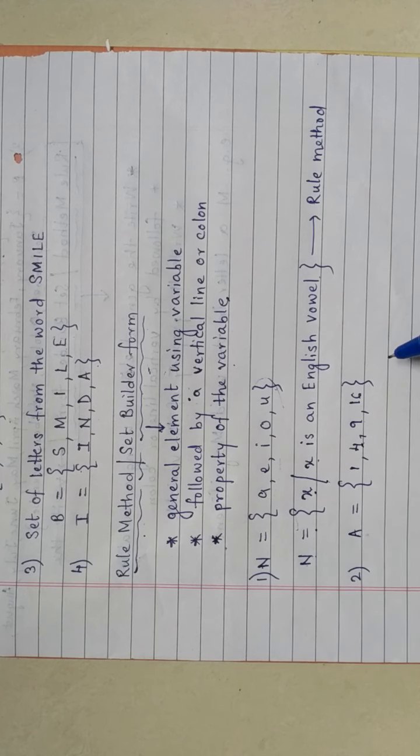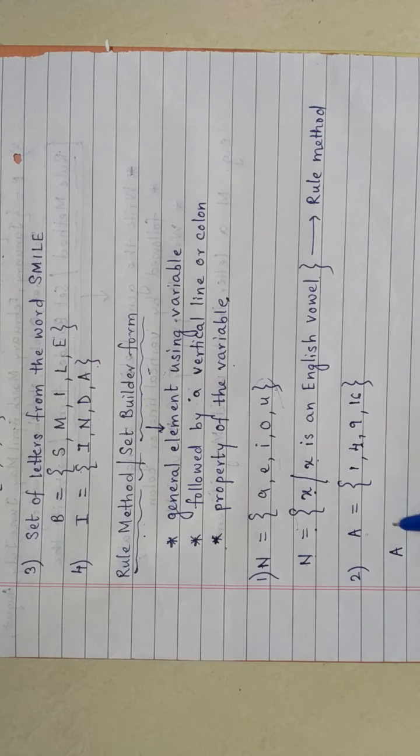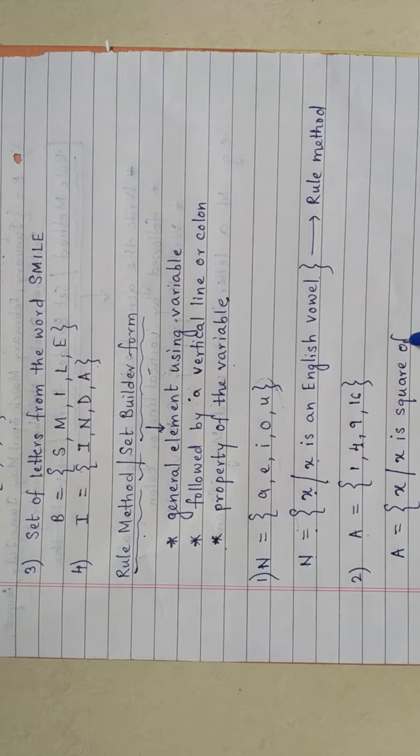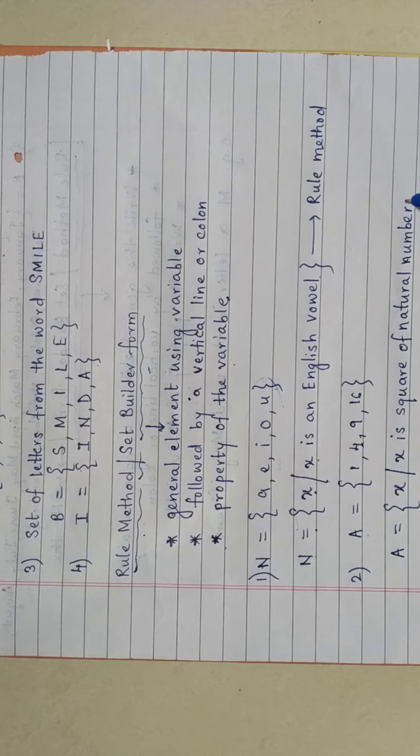So we can write this set as A is equal to all x, where x is the square of natural numbers from 1 to 4.